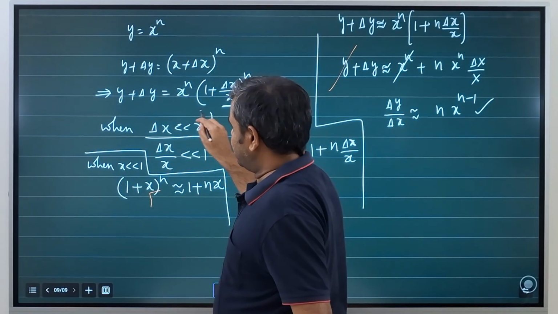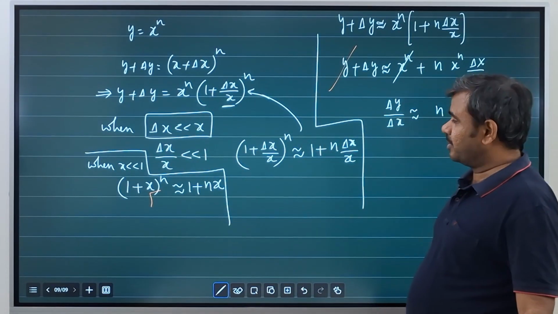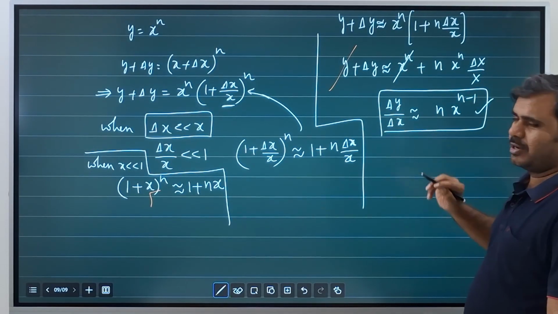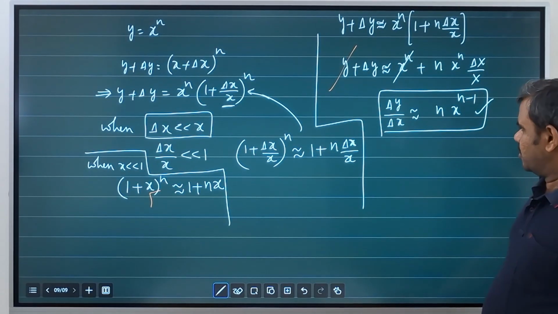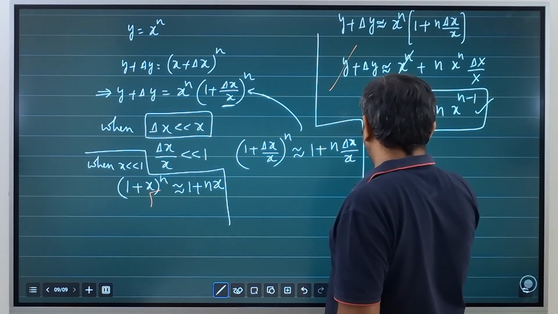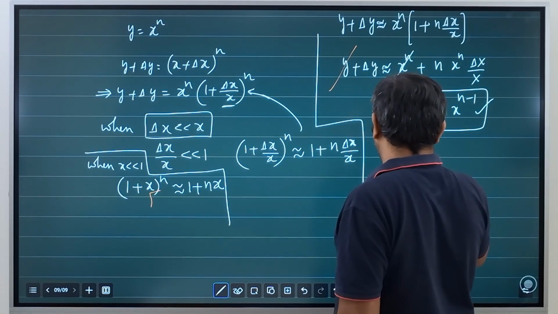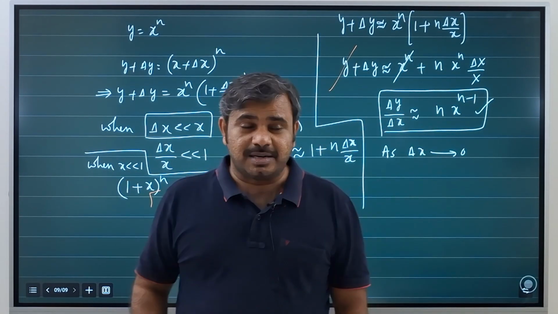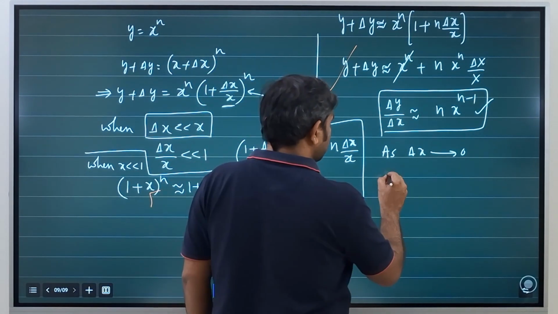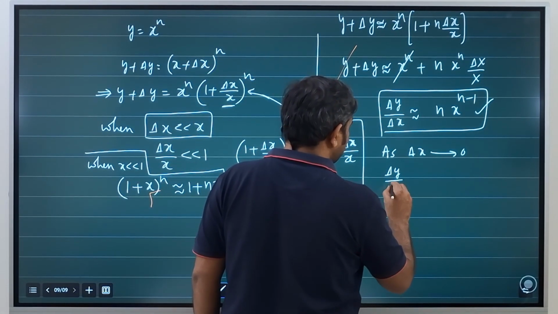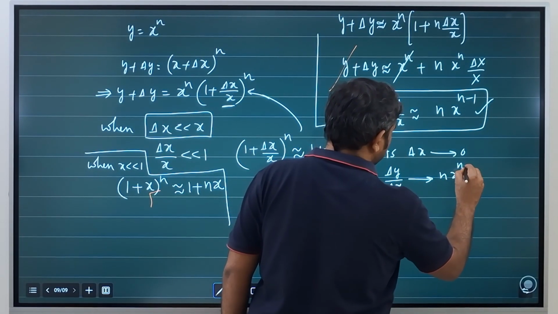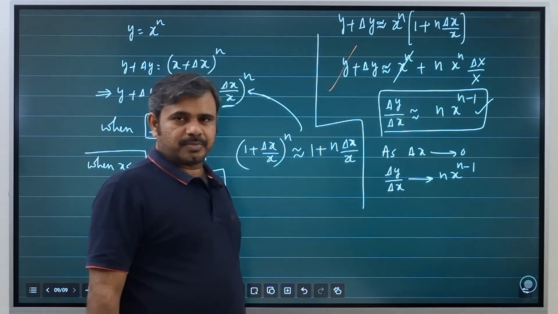When delta x becomes very small, delta y by delta x is very close to n into x power n minus 1. So we can conclude here that as delta x tends to 0, delta y by delta x tends to n into x power n minus 1.